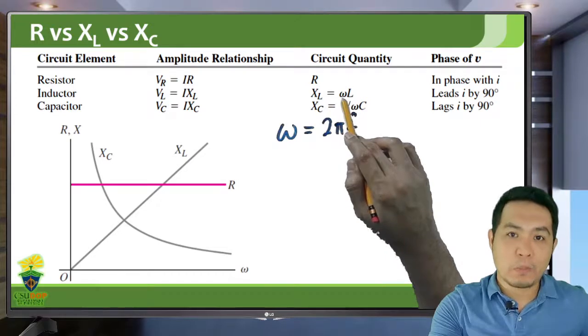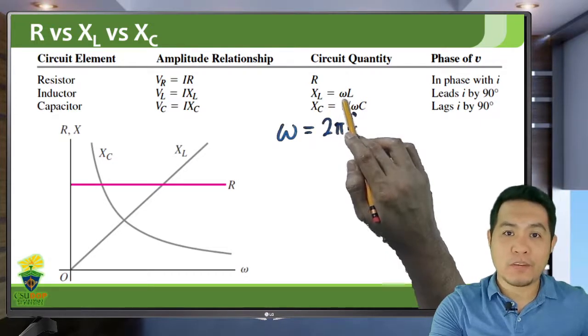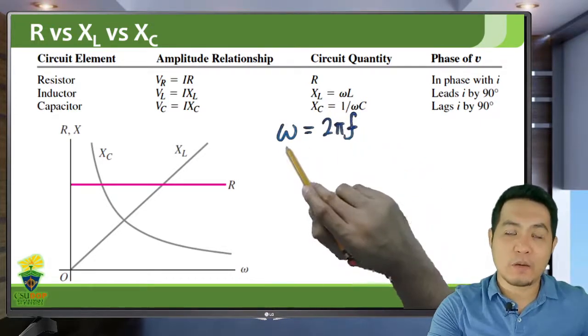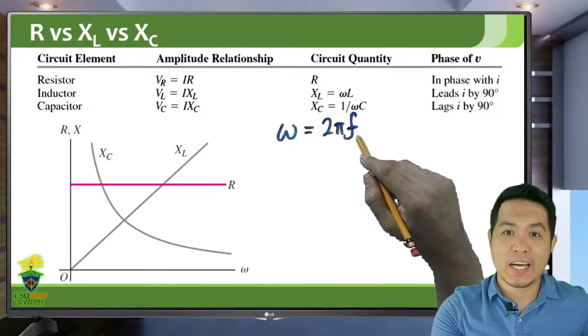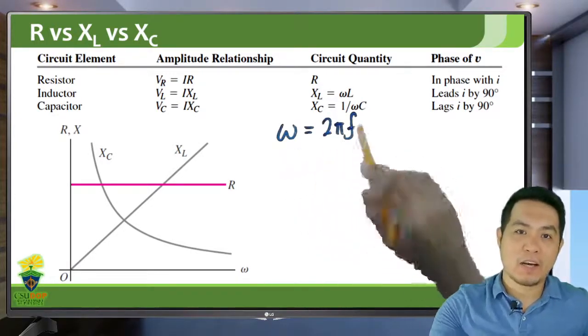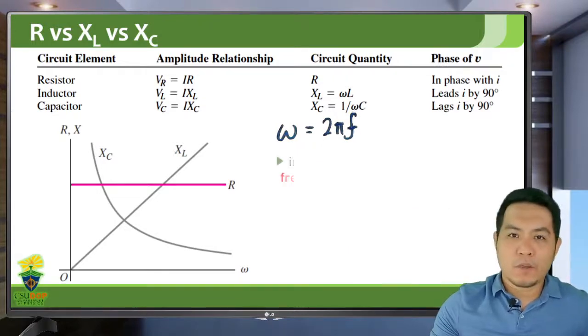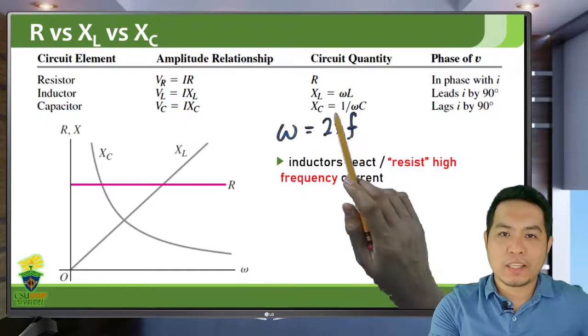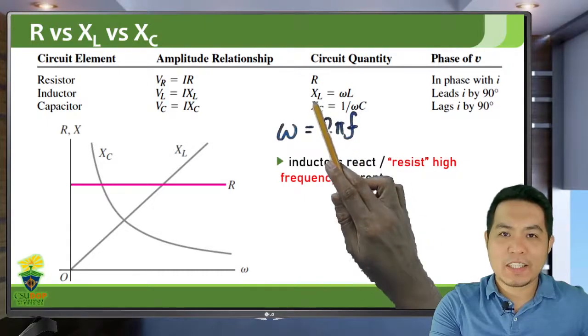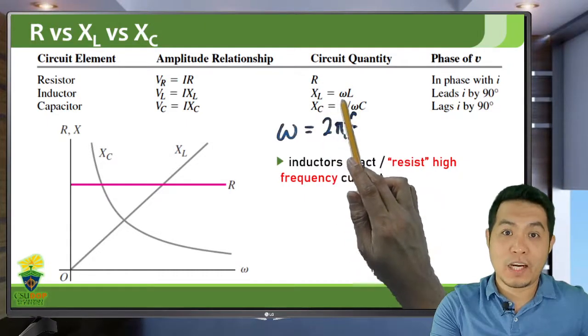So there will be times that you will be using F instead of omega, because usually it's the frequency F that is given, not the angular frequency. So for inductors, you will notice that the reactance is large for large values of omega.